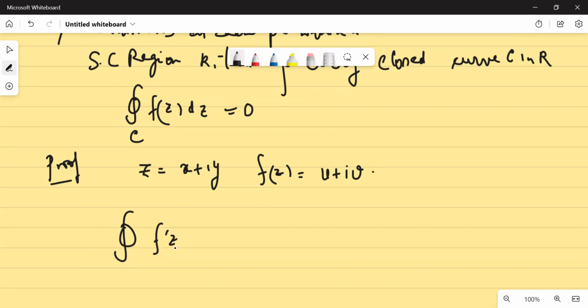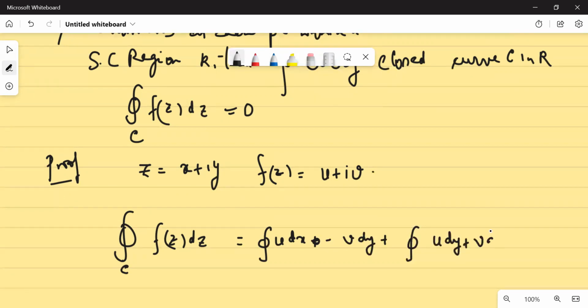This is what I taught you yesterday. If f(z) dz is to be integrated over a closed curve C in region R, then this will turn into the integral of u dx minus v dy, and then another integration, u dy plus v dx, with an iota here.